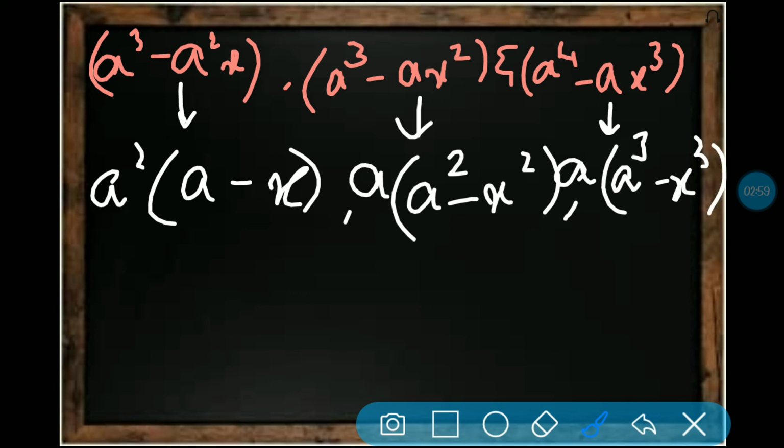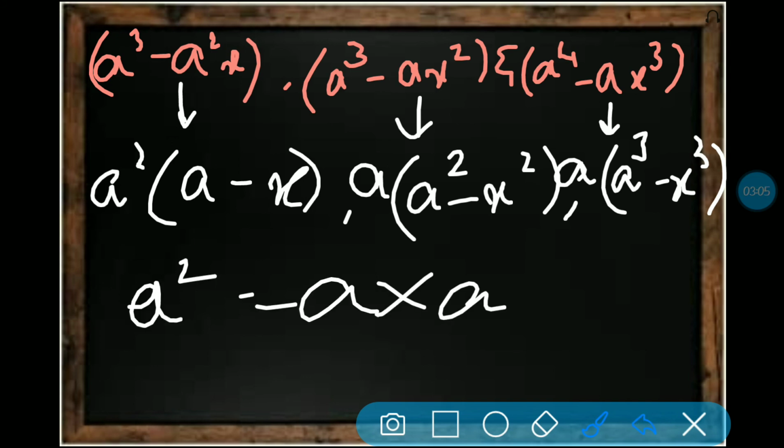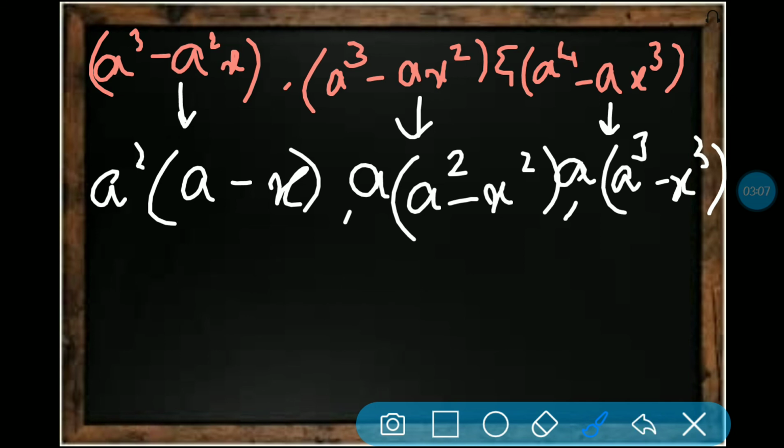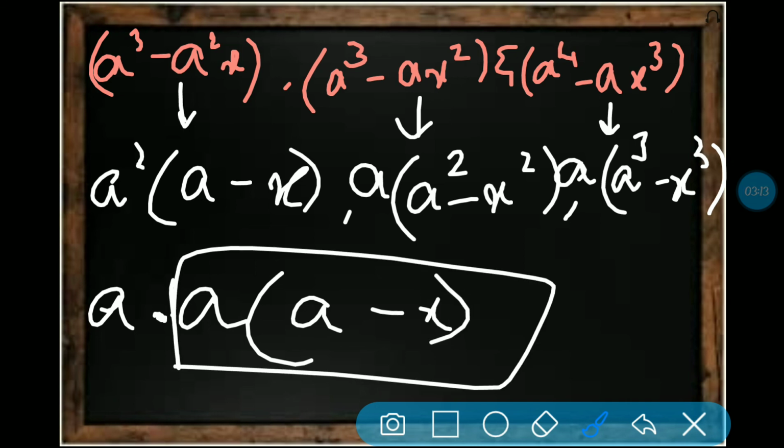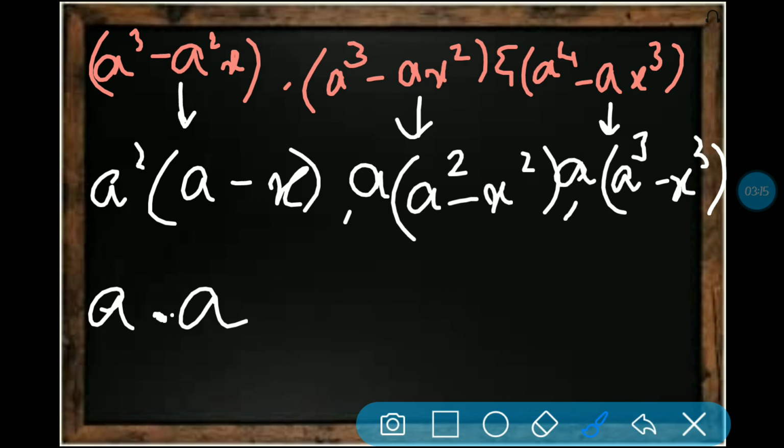Next, this first one we keep as it is. A square means a into a, and the dot means multiplication. So this will be one of the terms. Let's remember this, because in the end it will be useful.